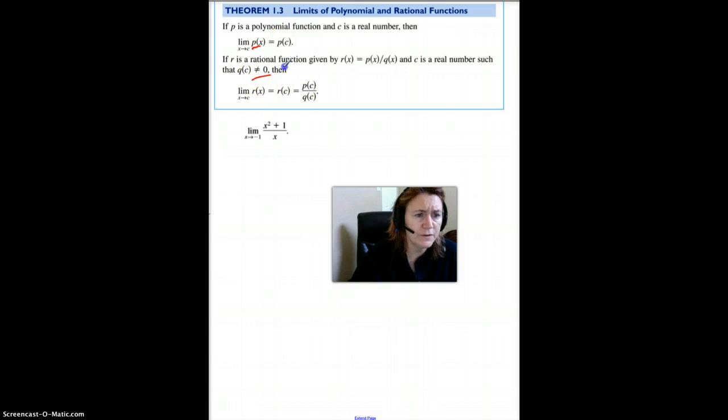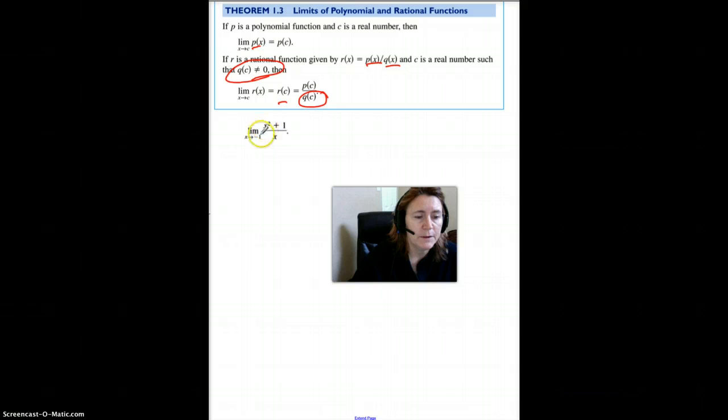Now, as long as q of c is not 0, and that's a big caveat, you have to remember to put that in there, then the limit as x approaches c of r of x is equal to r of c, where r is defined to be the ratio of p of x divided by q of x. So you see why it's essential that q of c not equal 0. If it does, then the whole thing blows up in your face.